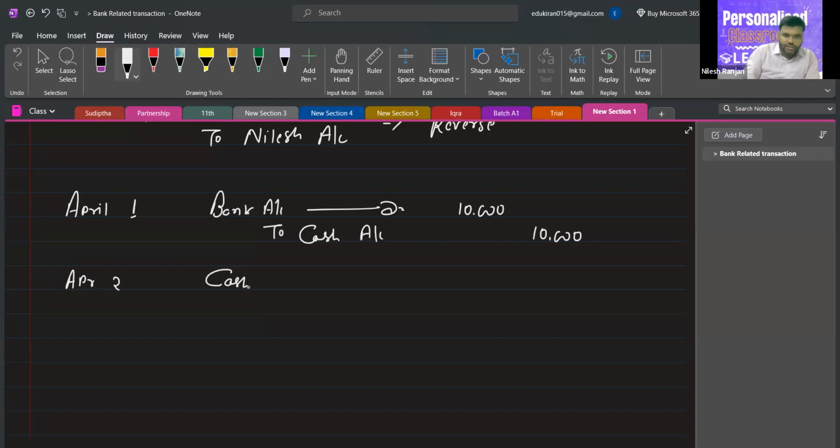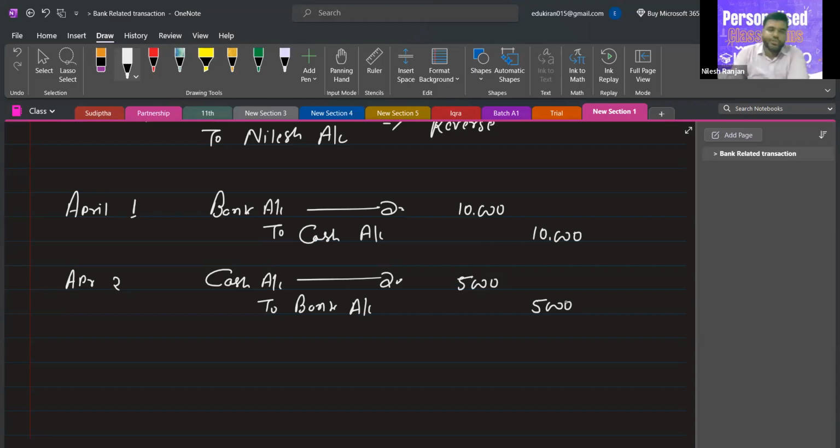So cash account debit to bank account. Whenever you withdraw money from the bank for office use, this entry will be passed. When you withdraw money from the bank for personal use, the entry will be drawing account debit to bank account. So you have to see whether it is for personal use or official use. If it is not given, then it is official use.